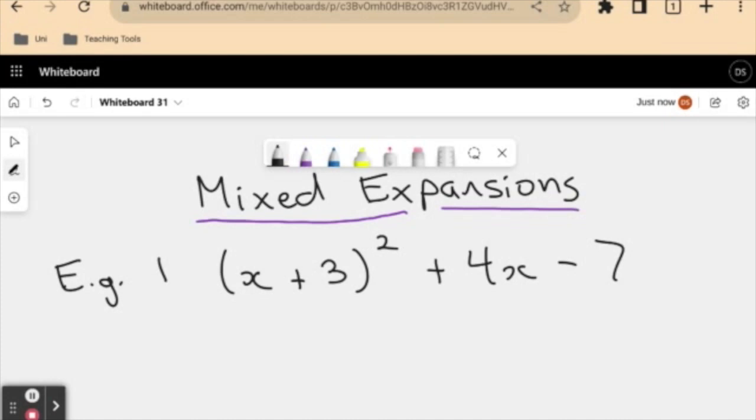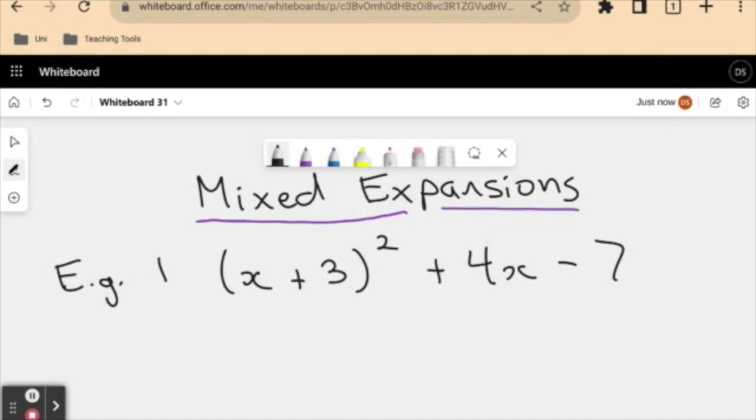So before we even try some questions, as we work through these, we can always have in the back of our head how many terms our expansions will spit out. You may remember with general expansions or our perfect binomial square expansions, we always ended up with three terms, didn't we?